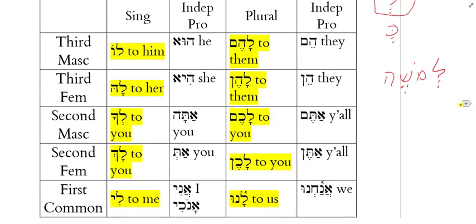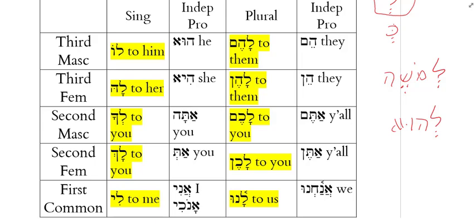instead of to Moses? Well, you might think that the way to do that is to just say le and then take the pronoun hu, which we learned was the word for he, right? But guess what? You can't just do that, because those independent pronouns that we talked about are used as subjects of verbs, right? I told you the typical function of those independent pronouns was as subjects.